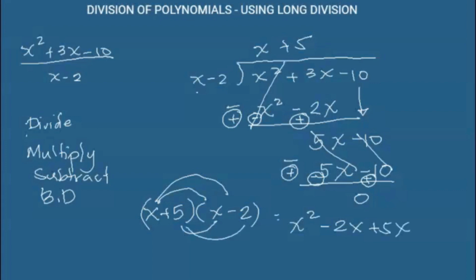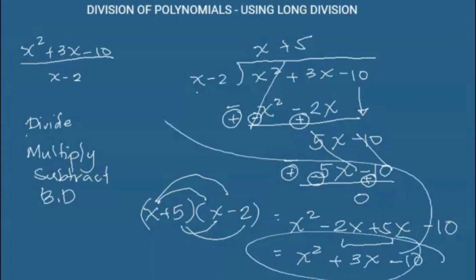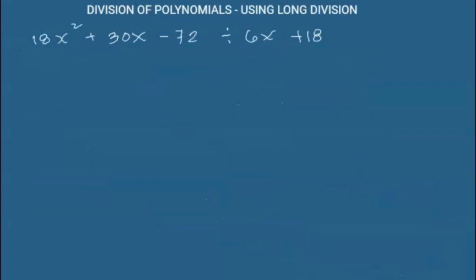And 5 times negative 2 is negative 10. Then combine similar terms: x squared, negative 2x plus 5x is positive 3x, minus 10. We got the same answer, so our answer is correct.